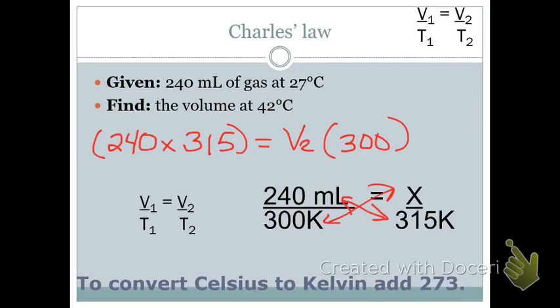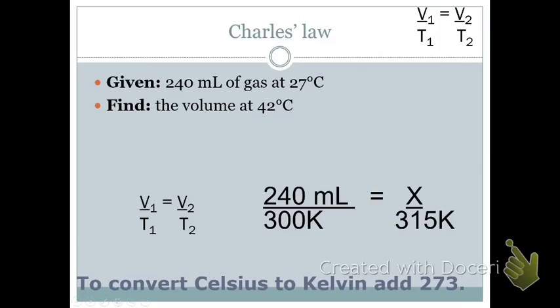And in order to get my V2 by itself, I'm going to divide both sides by 300, which cancels out here. So clear your calculator, open parentheses, 240 times 315, close parentheses, divided by 300, press the equal sign, and let's see if you get this answer.